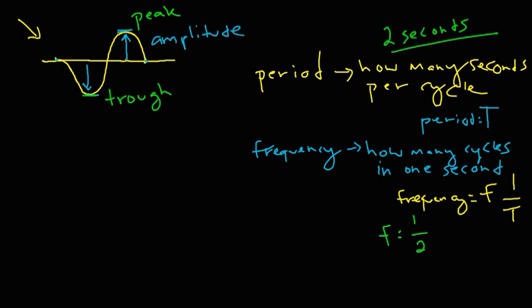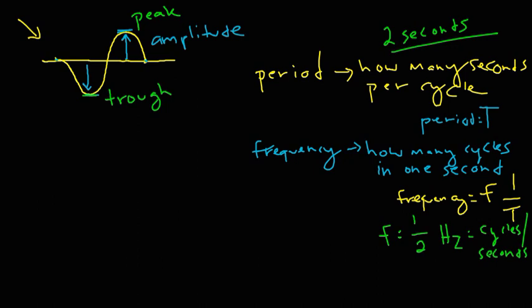One unit you want to make sure you see is hertz. Hertz is cycles per second, and cycles per second, of course, is how we measure frequency. So now you see the inverse relationship between period and frequency.